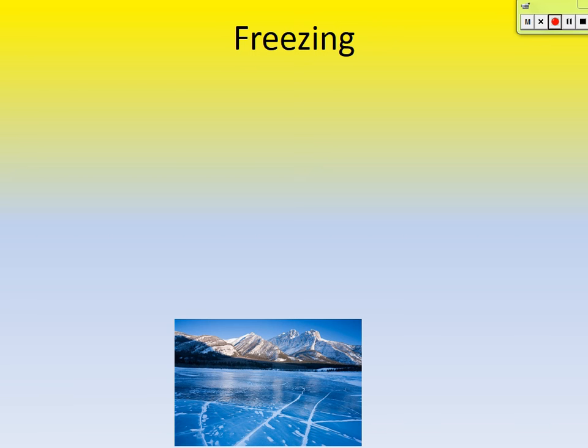All right, let's talk about freezing. Freezing is when you go from a liquid to a solid. So we've got this puddle, and we want to freeze it into a solid. Before I put the answer up, guys, what do you think is happening with the distance between the molecules? It gets closer together.